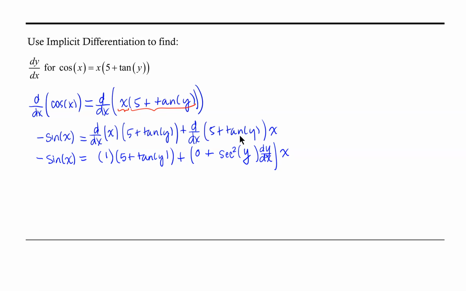At this point, we want to solve for dy dx. So notice that dy dx only appears in one location in this equation. So let's go ahead and subtract 5 plus tangent of y from both sides of the equation.